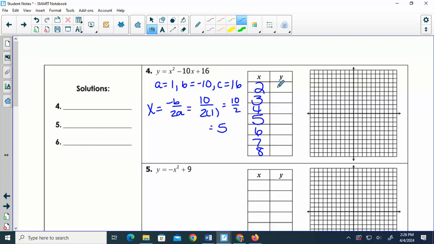Seemed like yesterday we're doing good with getting our tables.